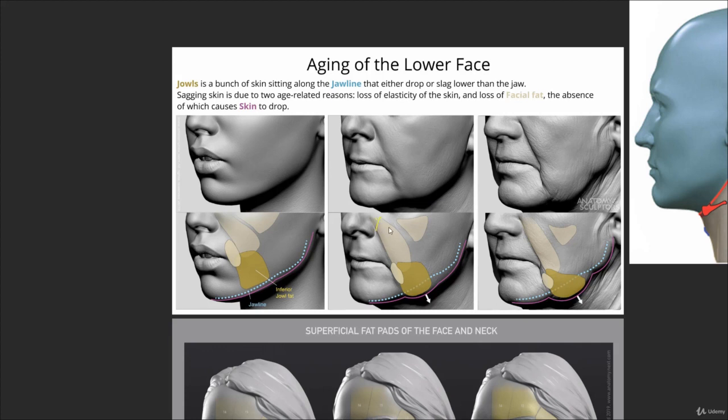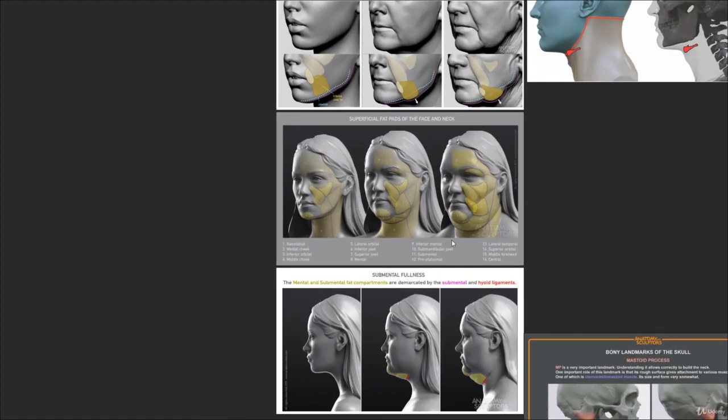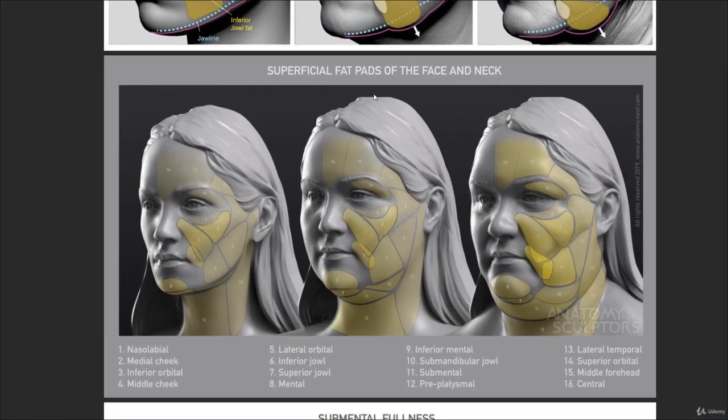So we're going to have this malar, creating the nasolabial fold, the malar fat pads, and then we're going to have this inferior jaw fat. This is the jawline, and all this region here that makes this nice volume will be these inferior jaw pads. Look here, the superficial fat pads of the face and neck.